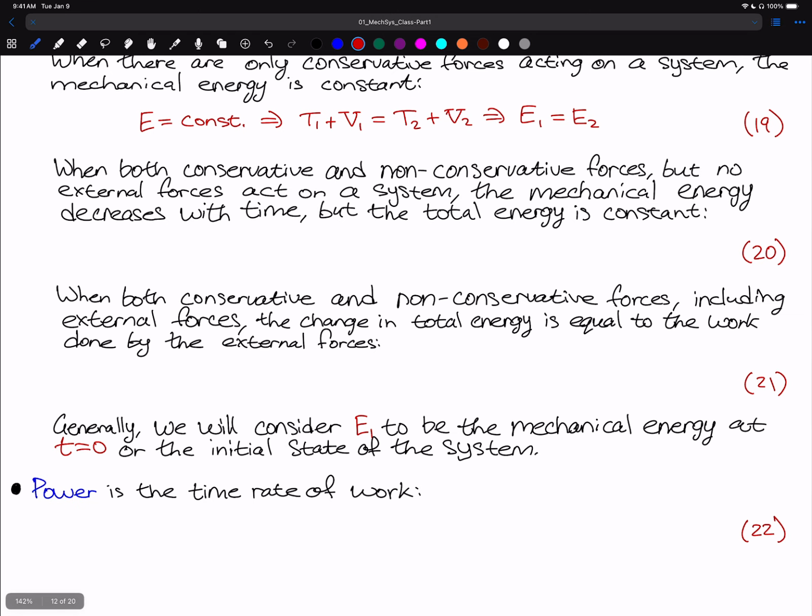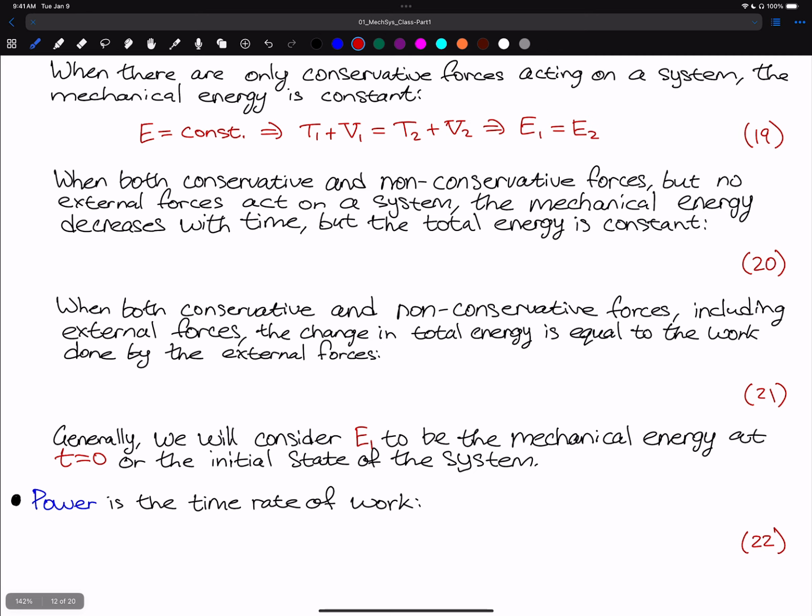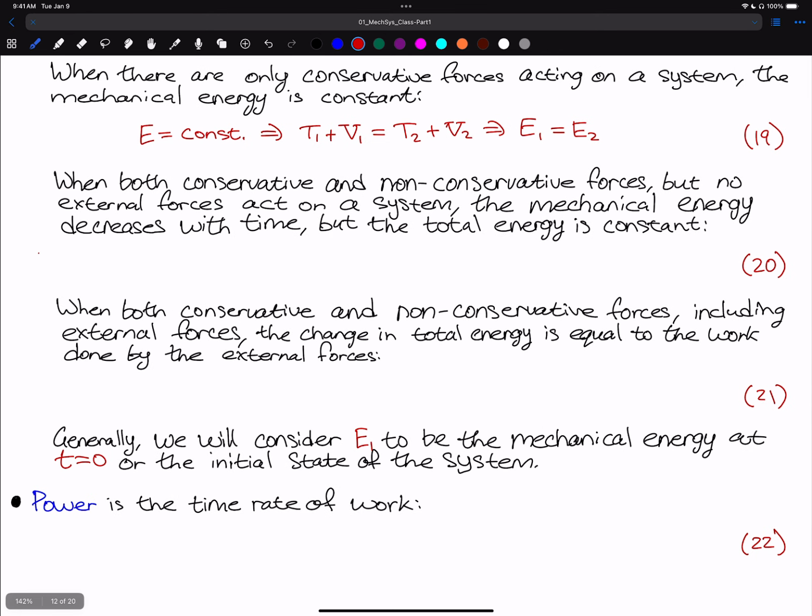So we computed the work done by a damper above. If we come here and say, conservation of energy says that energy is equal to the work done, we will have T plus V is equal to minus, we'll just say minus dE here. Let's actually rewrite this.